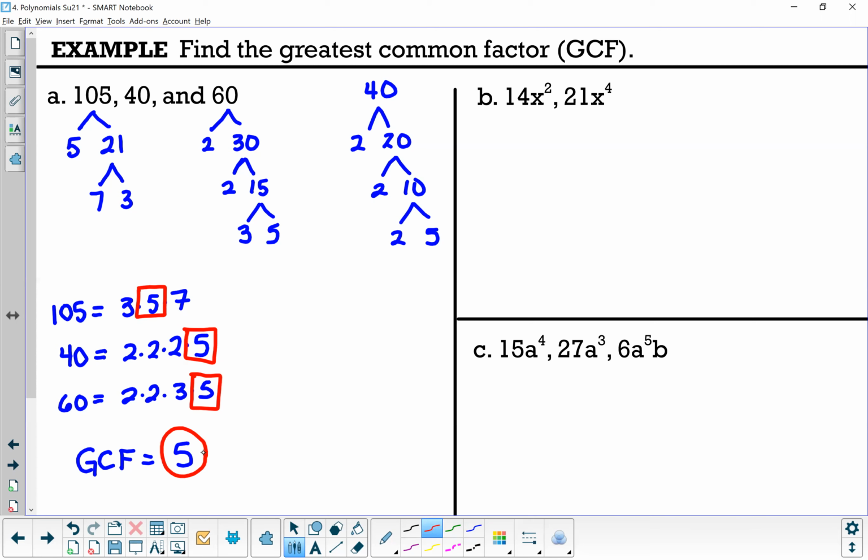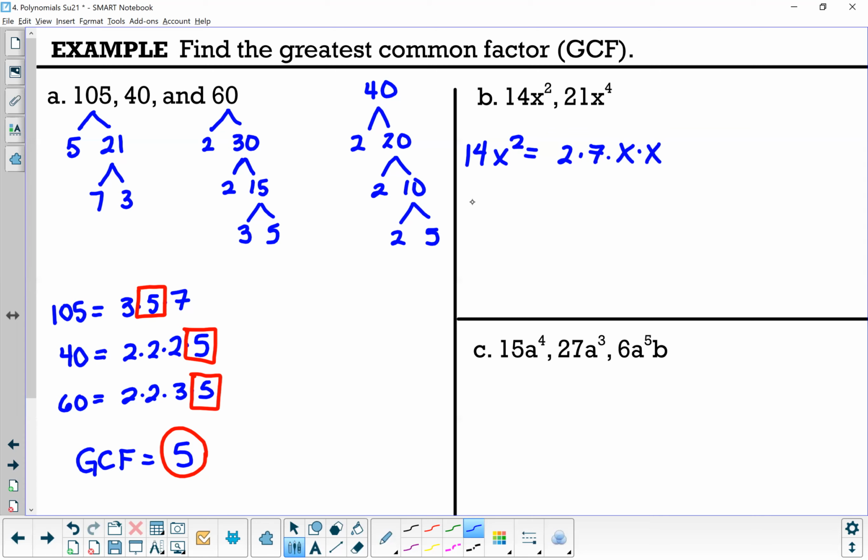Okay, I'm going to use the same process, the same idea with 14x squared and 21x to the 4th. We're going to find the GCF by first writing the prime factorization of 14x squared. That breaks down into 2 times 7 times x times x.